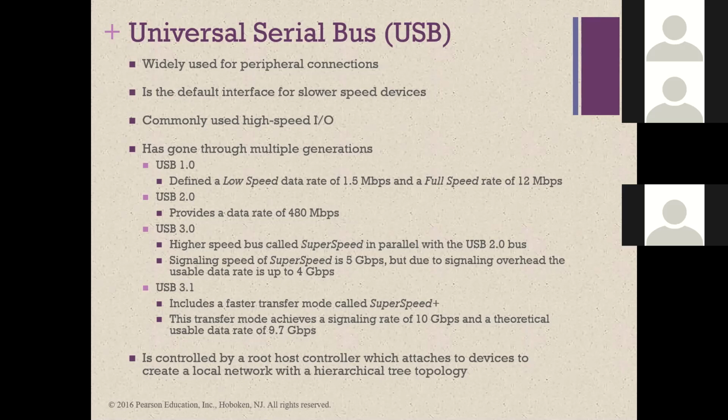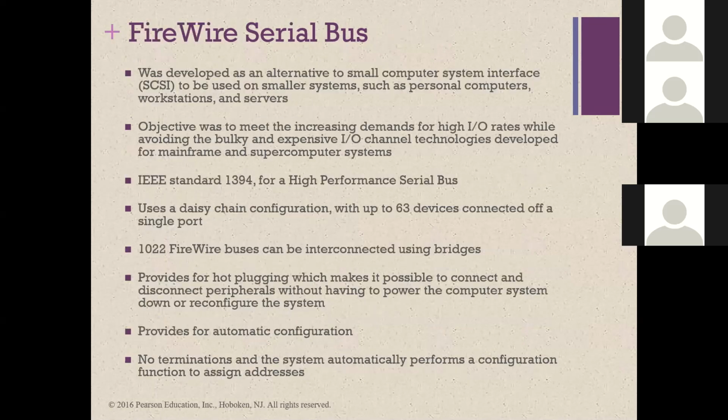This transfer mode achieves a signaling rate of about 10 gigabits per second and a theoretical usable data rate of about 9.7 gigabits per second. A USB system is controlled by a root host controller, and it attaches a number of devices to create a local network with a hierarchical tree topology. And then we have the FireWire serial bus.